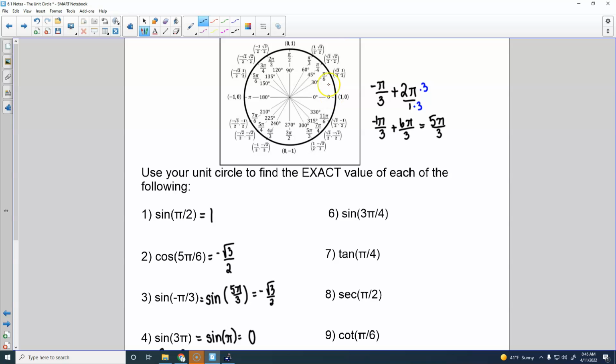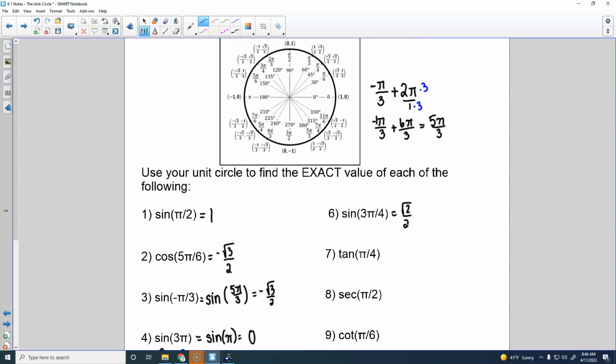I mean, you can do that, pi over 4, 2 pi over 4, 3 pi over 4, but 3 pi over 4 is marked on your unit circle, so you don't have to do that. And what would our sine be for that one? Perfect. Just looking at that y coordinate, square root of 2 over 2.